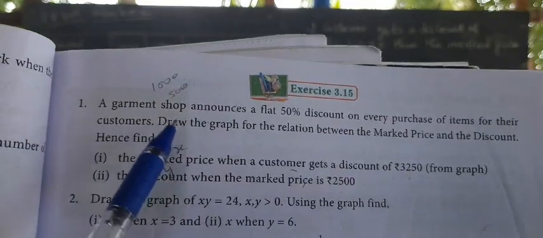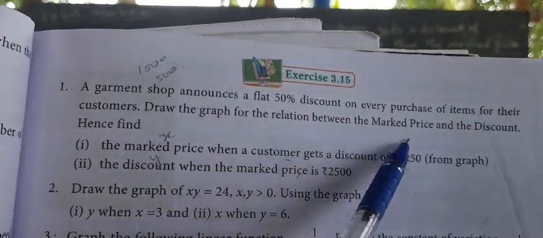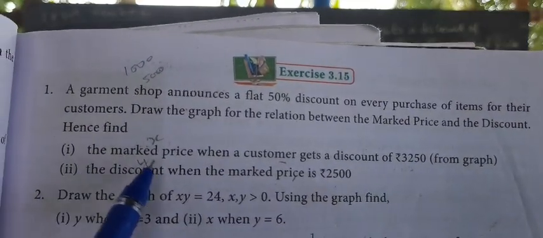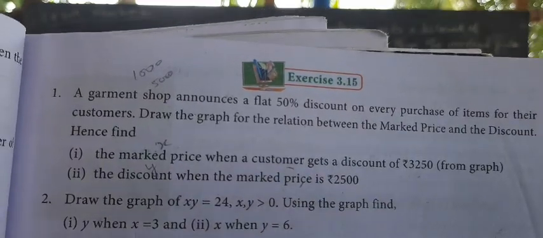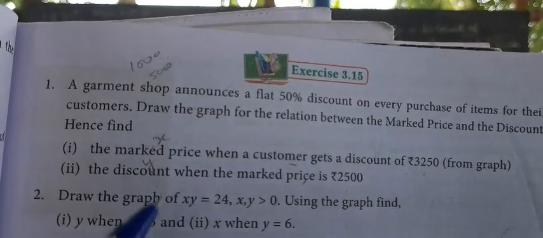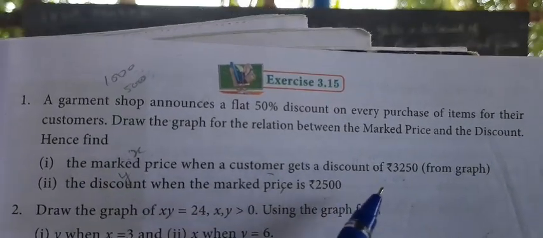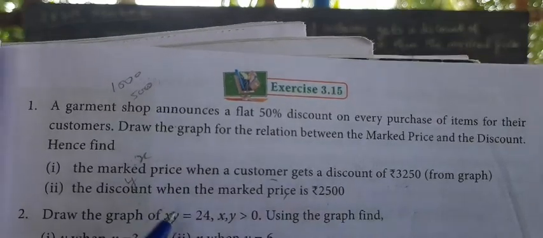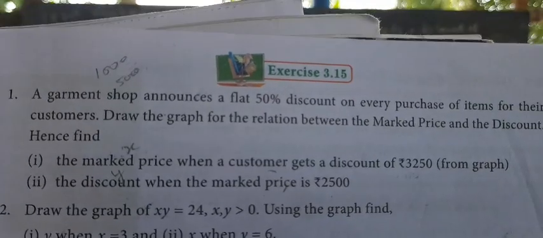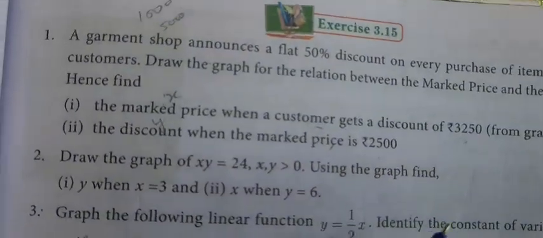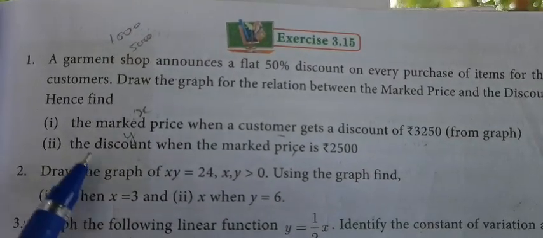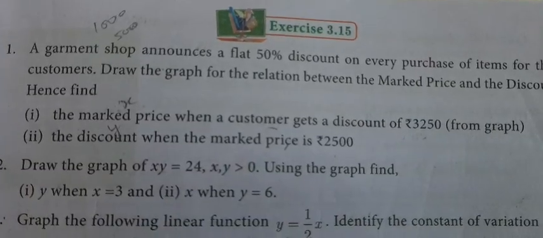Draw the graph for the relation between the market price and the discount and hence find the market price when the customer gets the discount 3250 rupees, and the discount when the market price is 2500.